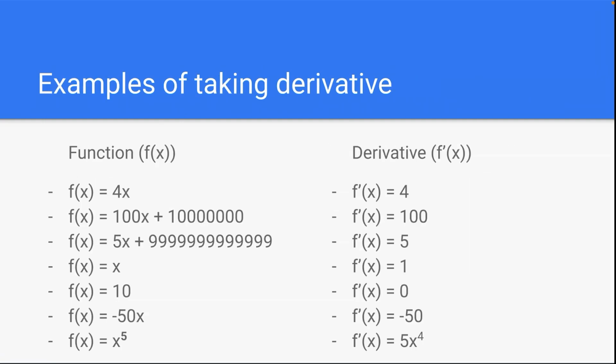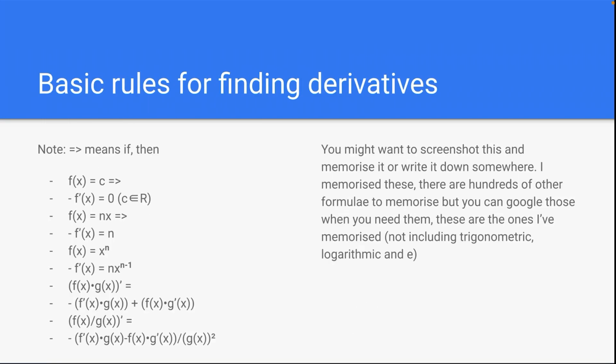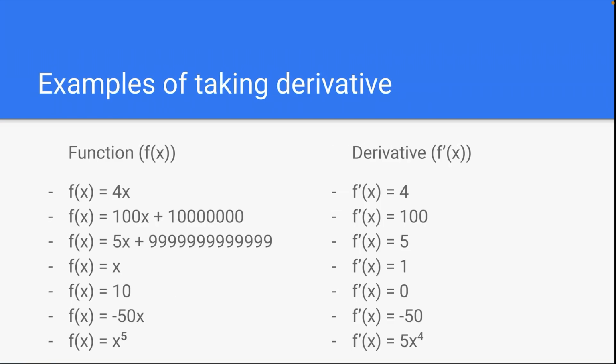Examples of taking derivatives. If the function is 4x, then f dash of x equals 4, because they all follow these formulae here. And there are so many more formulae that you will need to know. If f of x is 100x plus, I didn't really check the number, 10 million, then f dash of x equals 100, because no matter how much you add to x, if it's not x, then it's just the rule.